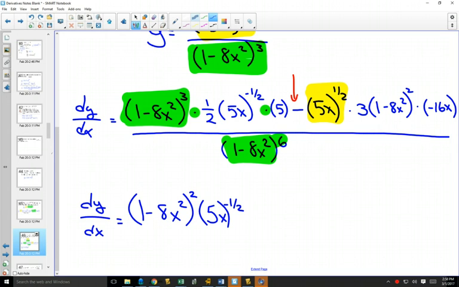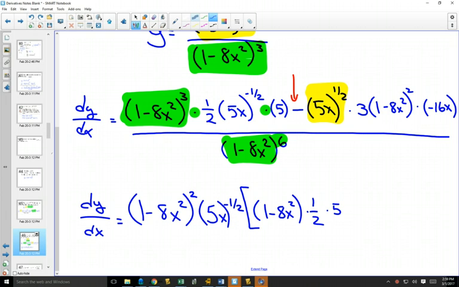But if I factored these two things out, what am I going to be left with in my first term? Can you see that I'll still have a 1 minus 8x squared once, because I took 2 of them out. I'm still going to have a half. I'm no longer going to have a 5x to the negative a half. I'm still going to have a 5.